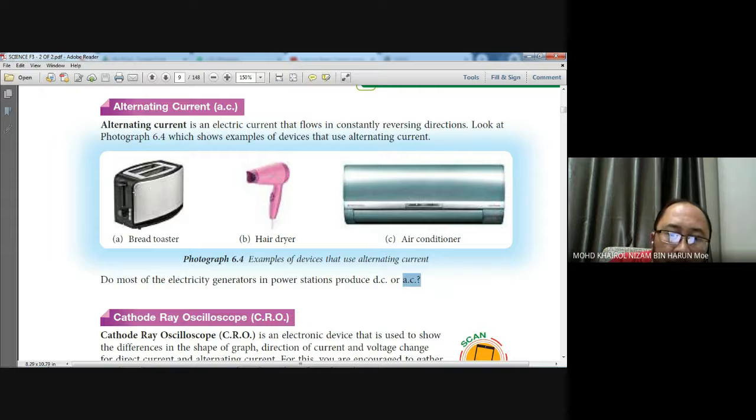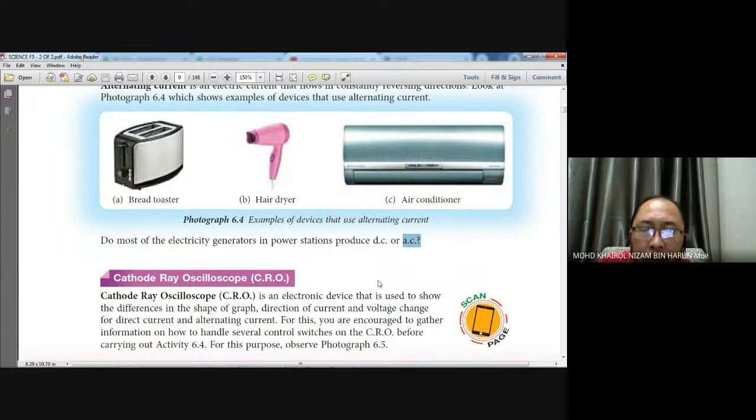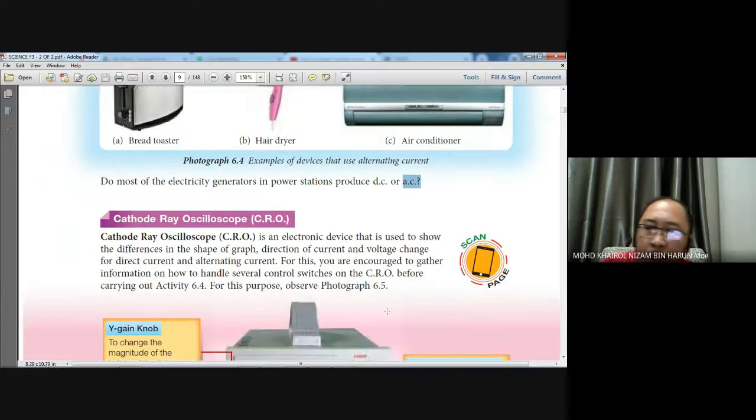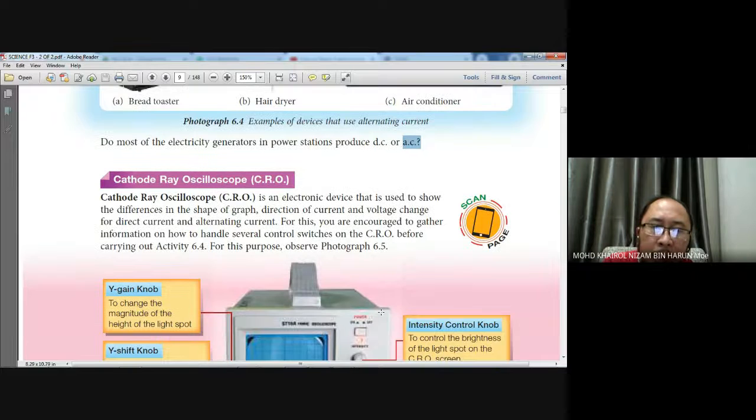So in our house, most of the electrical appliances, from the outside into the socket, are using the alternating current. Okay, so that is the difference between direct current and alternating current.